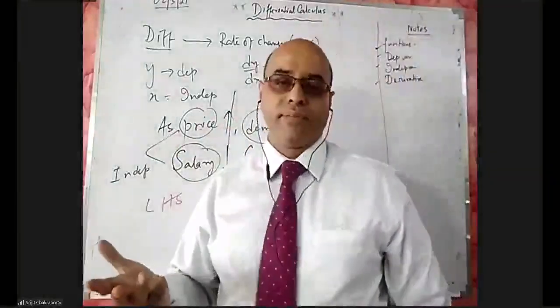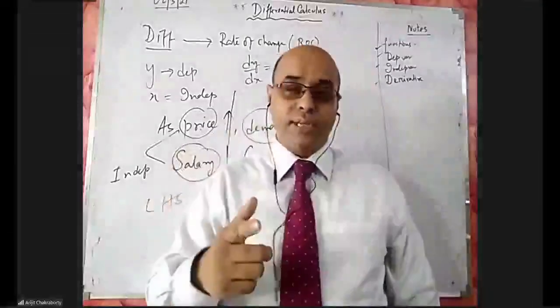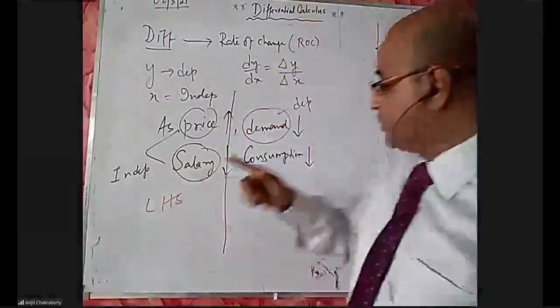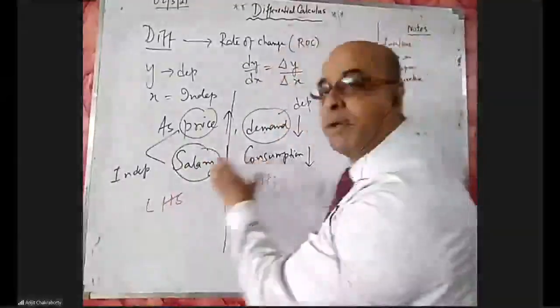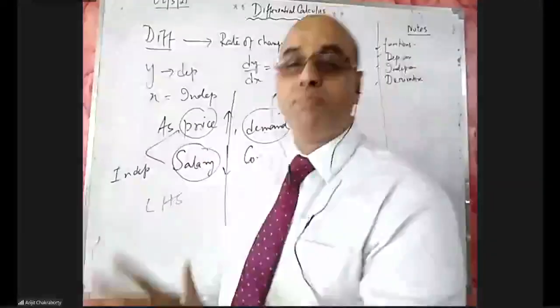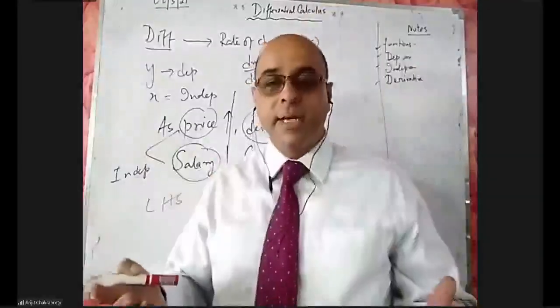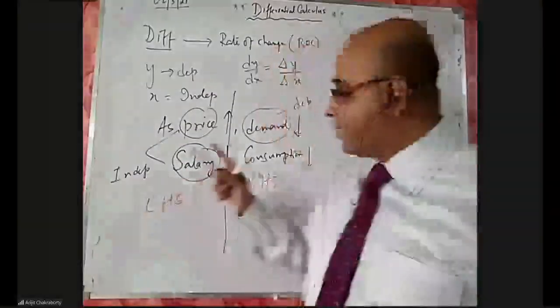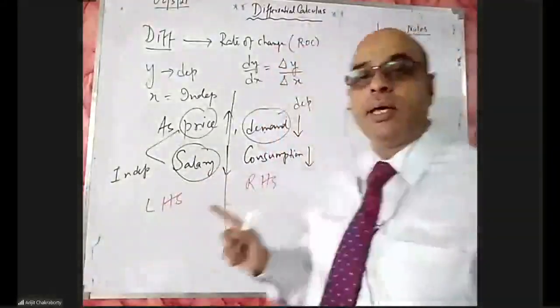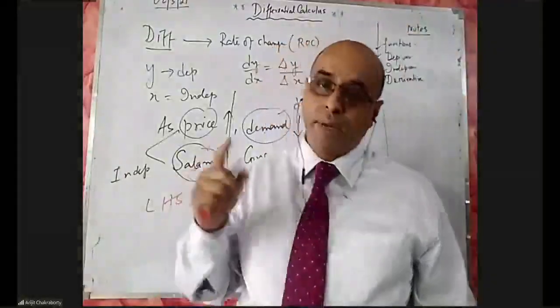Salary is an independent variable, but if the salary changes, the change in consumption is dependent. How much I will buy, how much I will spend depends on my salary. Try to understand, therefore consumption is the dependent variable.